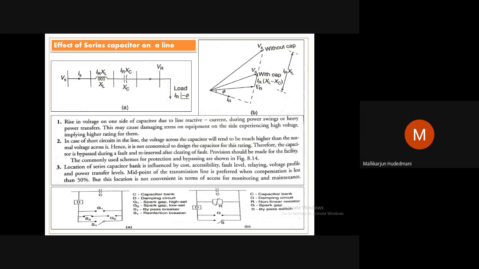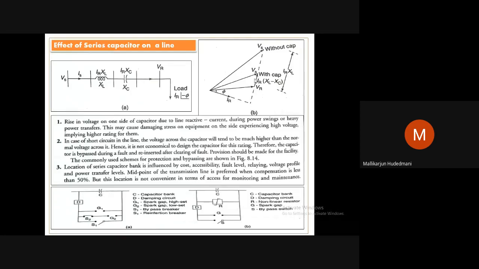You can see a solid line represented here. At the tip of the vector VR, a small length, IR outside the bracket, XL minus Xc, is called the net drop after the compensation with the capacitor. If I join that point with the origin, you will find the magnitude of the sending end voltage with the compensation. So visually we can find a tremendous change in magnitude of Vs on a system without compensation versus Vs with the compensation.